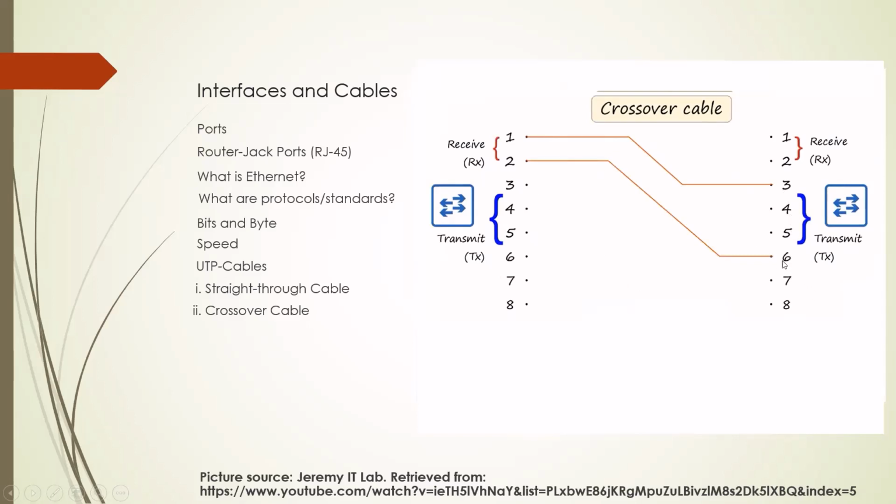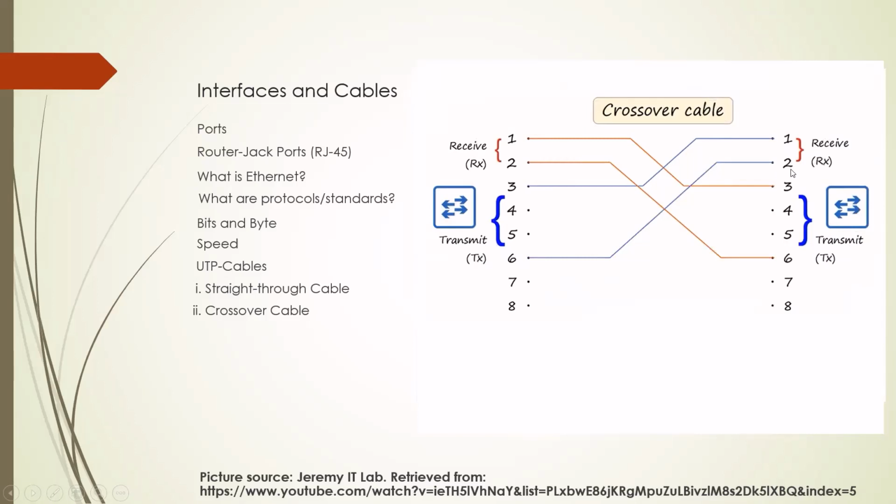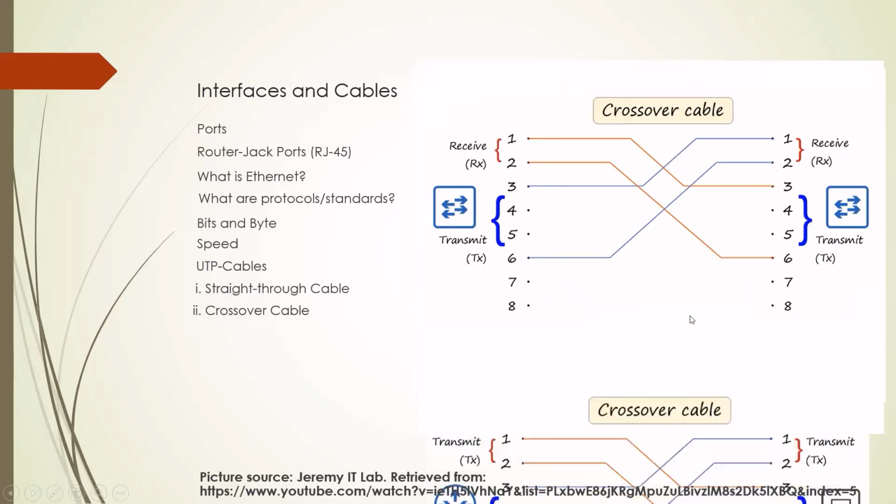So the transmit at this end is connected to receive at this other end. Then we also connect pin 3 to pin 1 and pin 6 to pin 2, meaning that the transmit of this end is connected to the receive of this end. That is the principle behind this cable. That's why it is called a crossover cable.